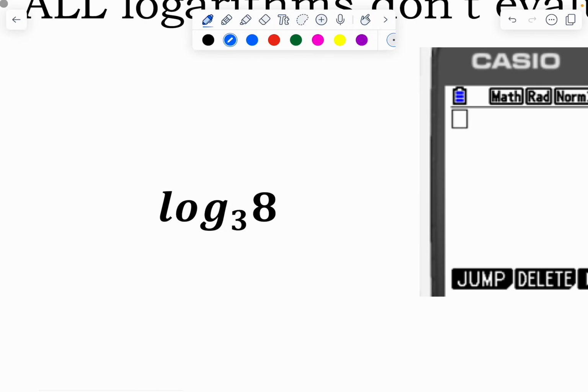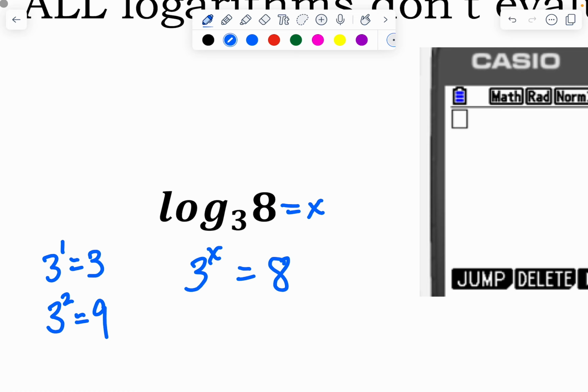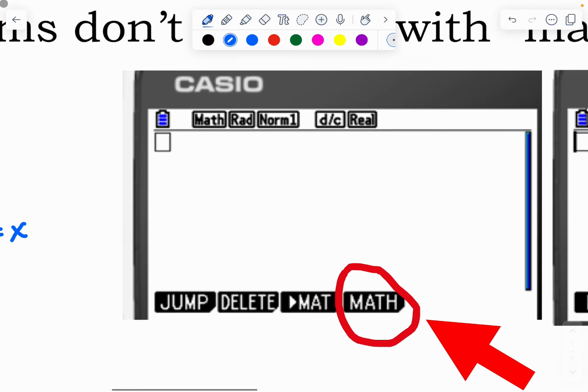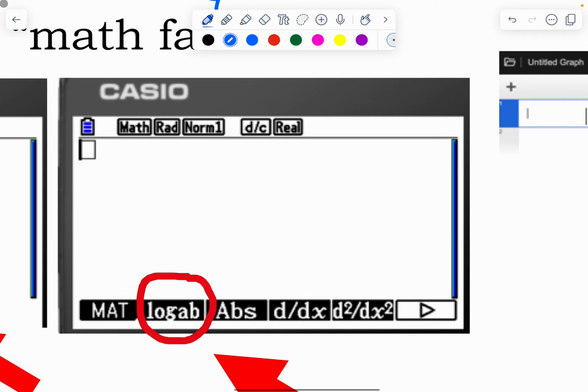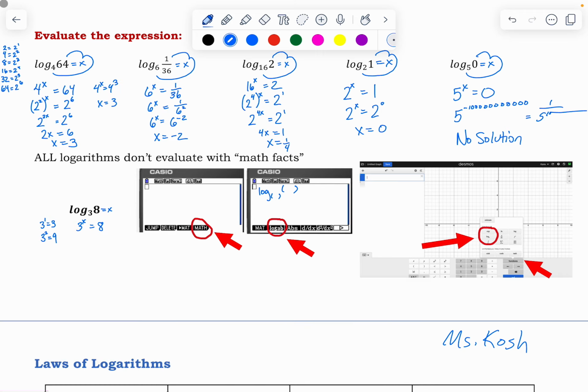Some logs are a little trickier to work with. With this one, if I set it equal to x, I have 3 to the x equals 8. I know that 3 squared equals 9 and 3 to the first equals 3, so it's going to be some number between 1 and 2, but I don't know what it is without a calculator. Back in the day they would have tables, but we don't have to do that. On your Casio, hit the math button on your main screen, and under it there's log AB, which lets you have something here and something here, so you can enter log base 3 of 8.